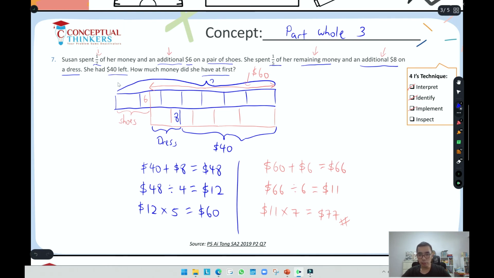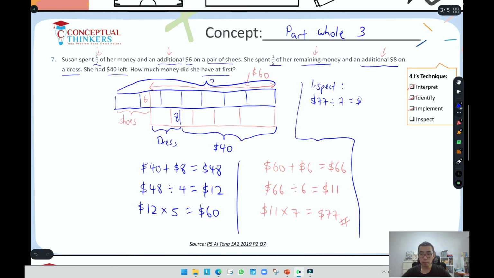Now, last thing we can do is use this answer, 77, then work forward. So what I'm going to do is I will use my calculator. So let's say I'm doing an inspection. So I will take $77 and divide by 7.